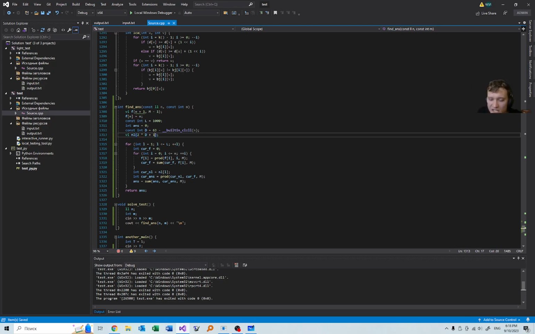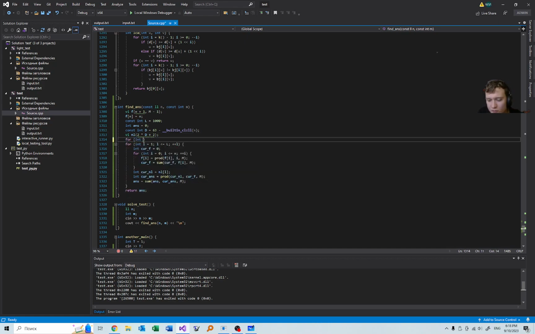But since we need the maximum number of vertices, we need 2D plus 2. Why? Because on the left part, it is D plus 1. On the right part, this is also D plus 1, but minus 1 because they intersect. So 2D plus 1. So NL is 2D plus 2.